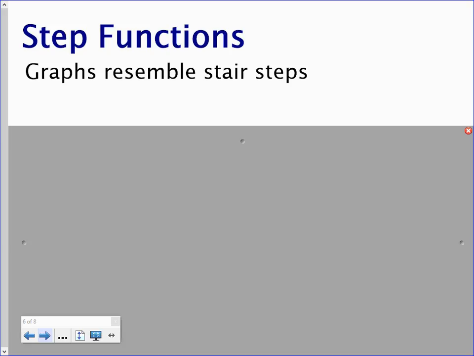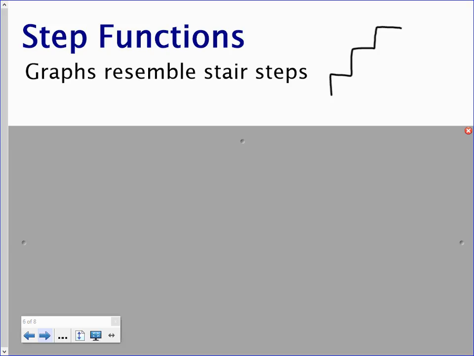The only thing I'll say about that really quickly is if I asked most people to draw stair steps, you would probably draw something like this, but that's not a function because all the vertical pieces do not pass the vertical line test.